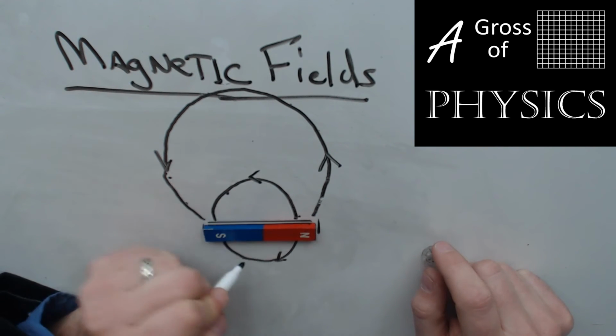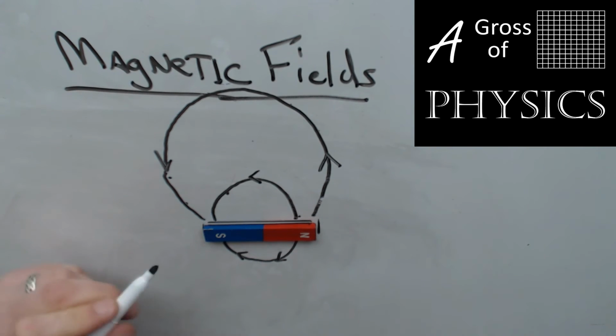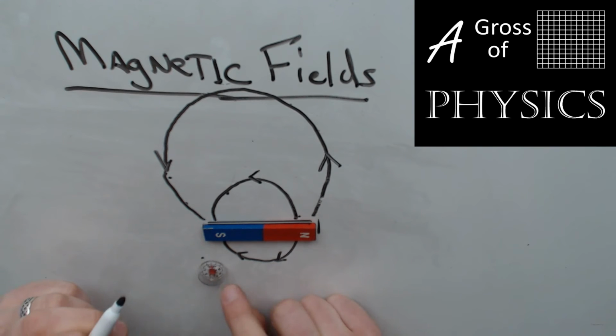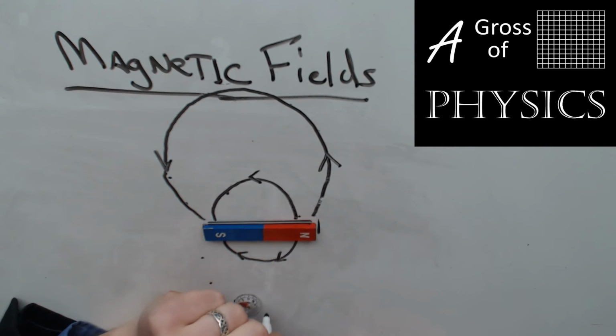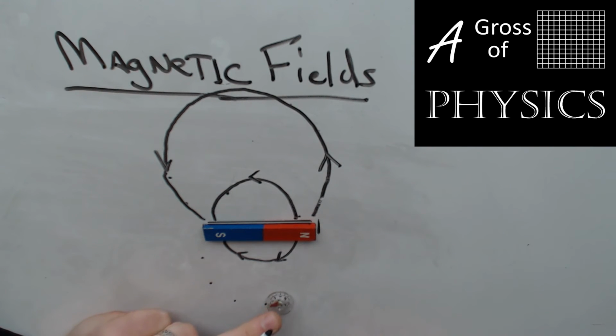So it goes from north to south. Now, just to make it symmetrical, I'll go here, and we'll see if we can map the field beneath. It should be just about symmetric, but I have a lot of magnets on my table, so some of those may be affecting the results.